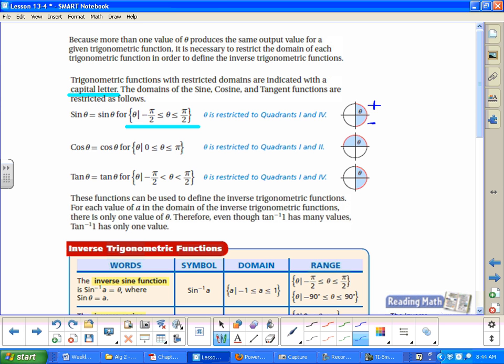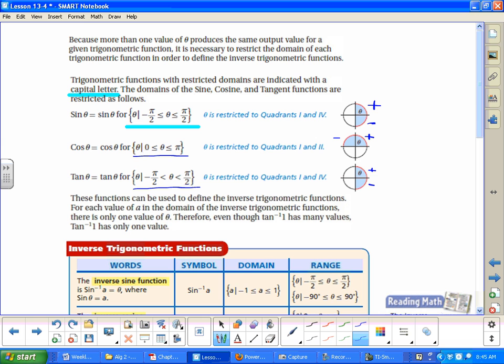Cosine is restricted in the first and second quadrants from 0 to pi because we have positive values here, negative values here for x. Tangent is also in the fourth and the first because there I get both positive and negative values. Now the question might be with tangent, it's a little bit different.